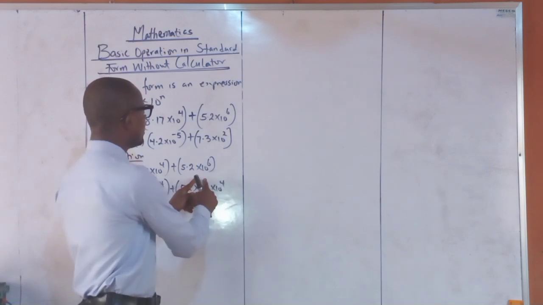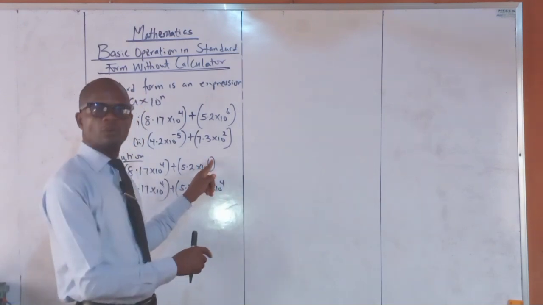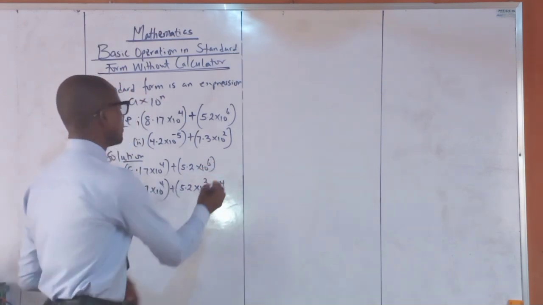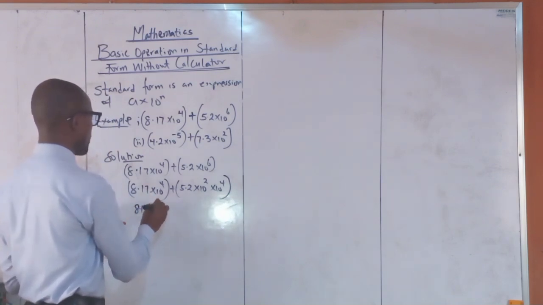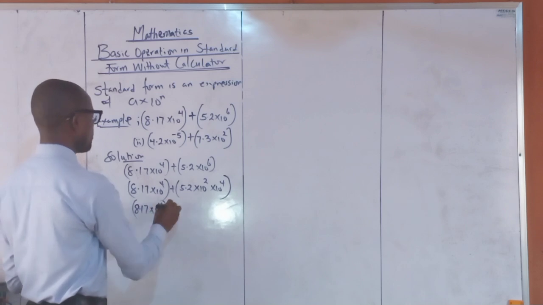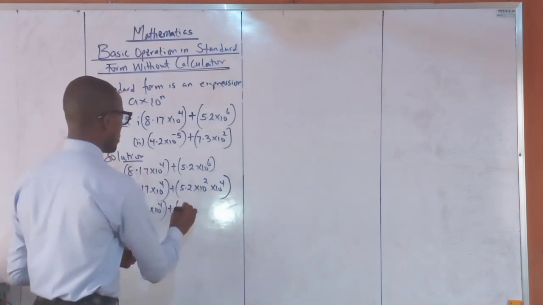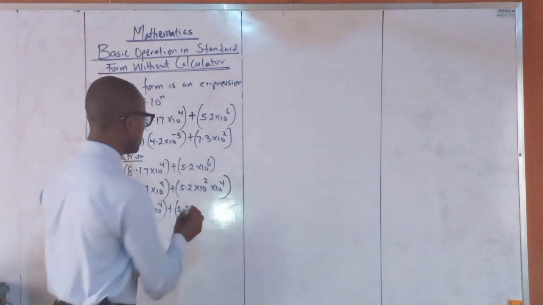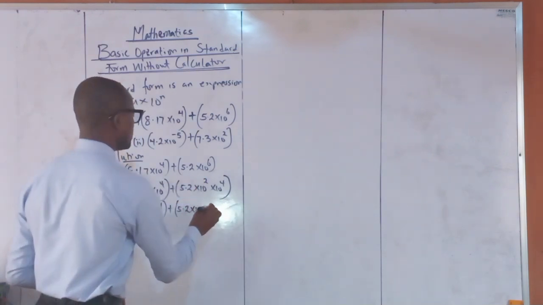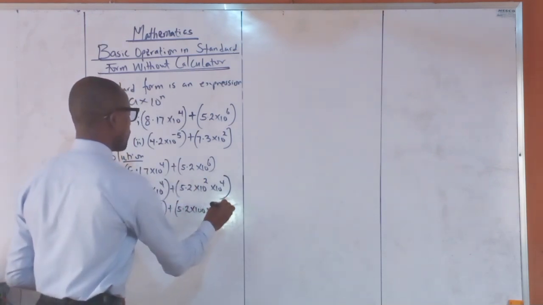So if we add the 2 and 4 powers, you have your 6 back, right? Now the next thing is 8.17 times 10 to the power of 4 plus 5.2 times 10 to the power of 2. That's 100, so times 100 times 10 to the power of 4.